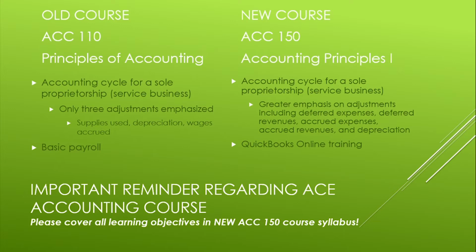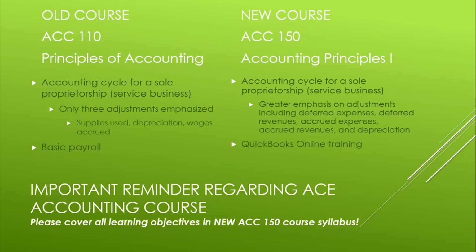However, the old course only emphasized 3 adjustments: supplies, depreciation, and wages accrued, whereas the new course has much more emphasis on adjustments. So there are adjustments for deferred or prepaid expenses, deferred or unearned revenues, accrued expenses, or what we sometimes call accrued liabilities, accrued revenues, or what we sometimes call accrued assets, and depreciation.